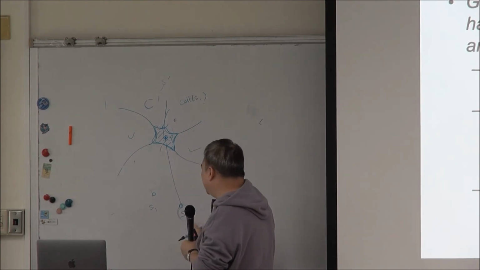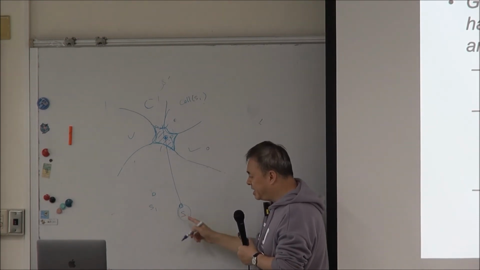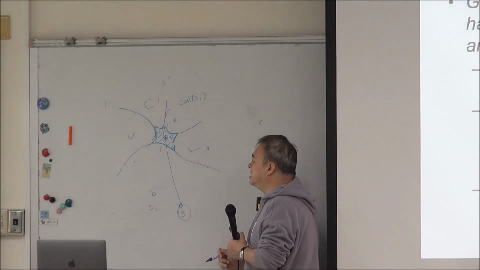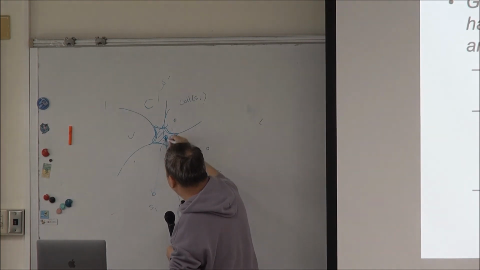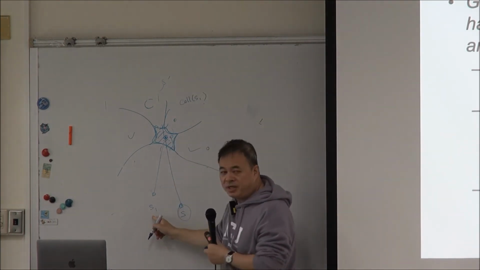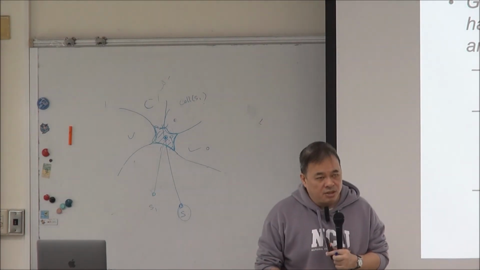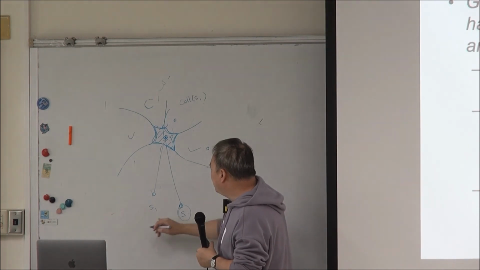Assume S and S1. S1 is the closest site that contributes a cell here. Because we know S is further away from S1, again we are proving by contradiction.